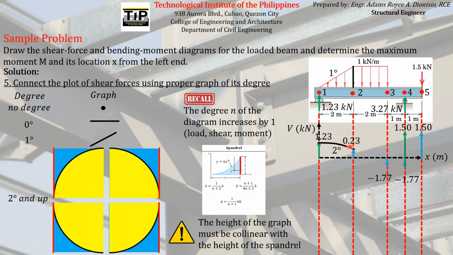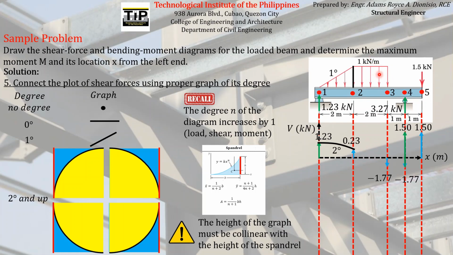That is how you connect points in a shear force diagram. So let's try to connect the other points. Let's connect this point to this point. How can we know which line will connect these two points? Again, we have to notice the degree of the load diagram above this span, which is this.